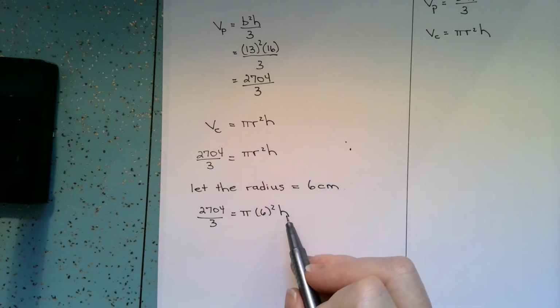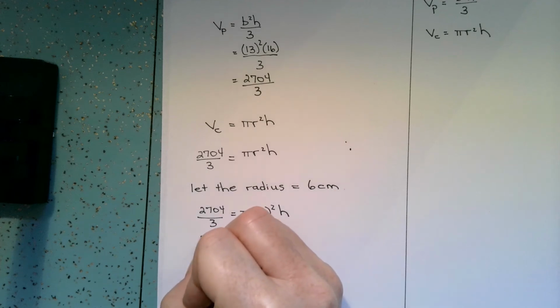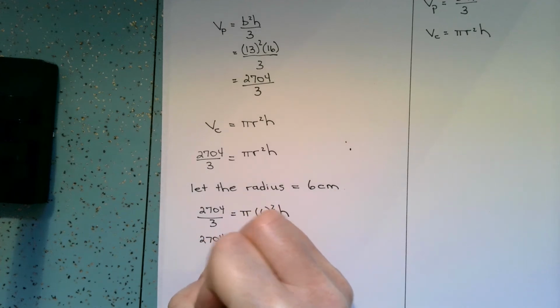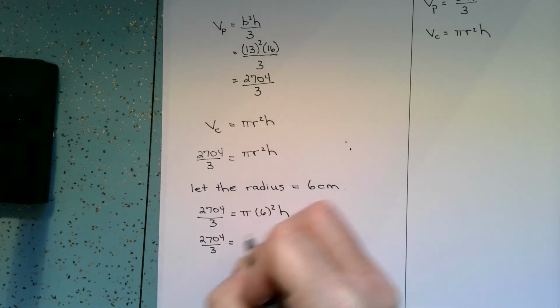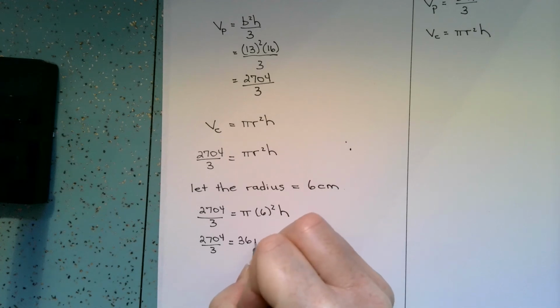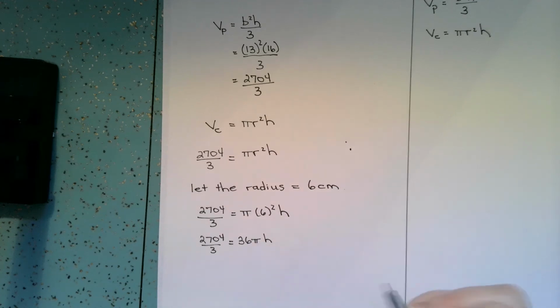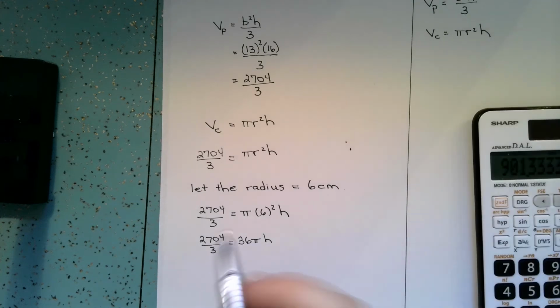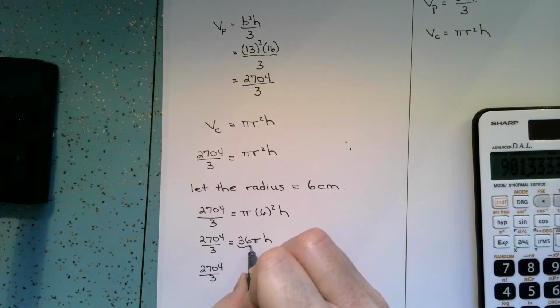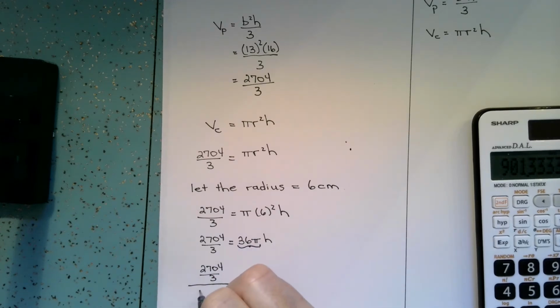Now I can solve for h because I have just numbers. So I have 2,704 over 3 is equal to 36 pi h. I'm going to take this to the other side, so I'm going to divide this whole thing by 36 pi, and that's going to be equal to h.